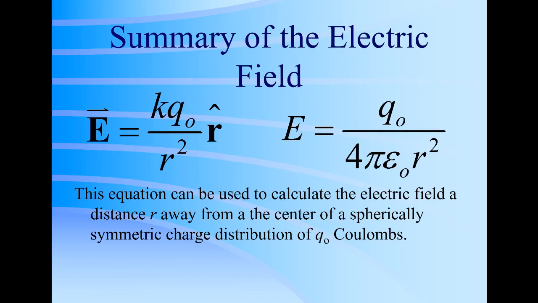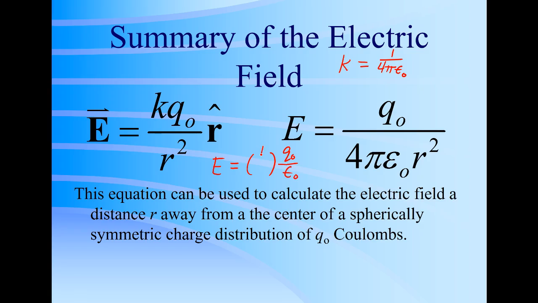Okay, so here is our summary of the electric field. E is equal to kQ over r squared in the r hat direction, and it's also equal to Q over 4 pi epsilon naught r squared. Now we got to that by remembering that k is 1 over 4 pi times epsilon naught. And what that does for us is if we take the 4 pi r squared out of this, it allows us to recognize that E is equal to a constant times Q over epsilon naught.